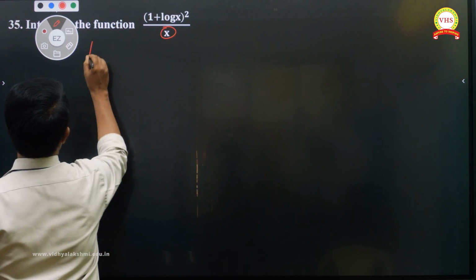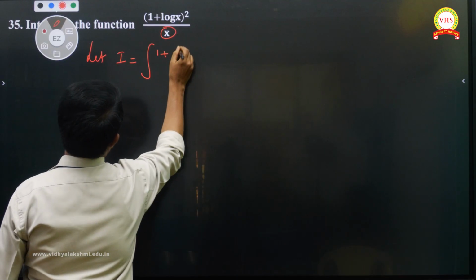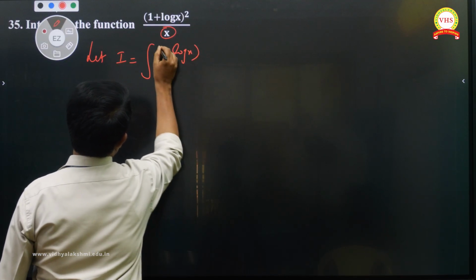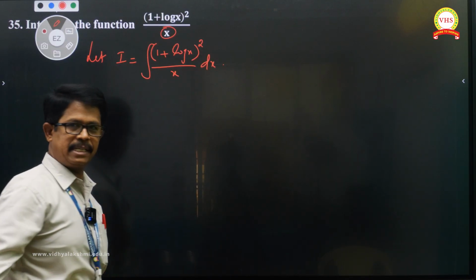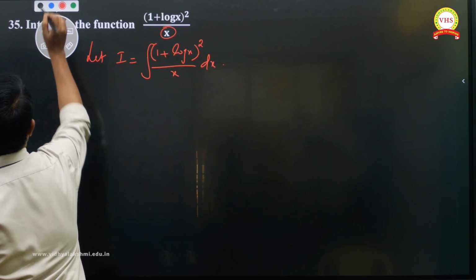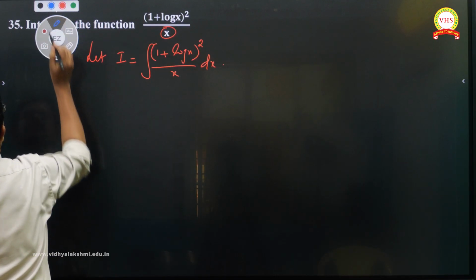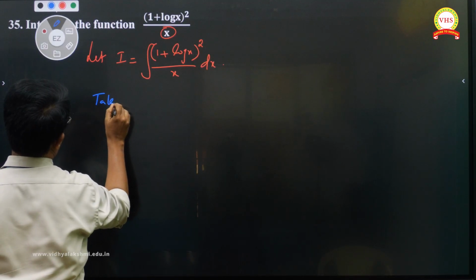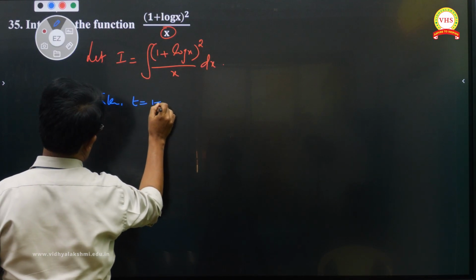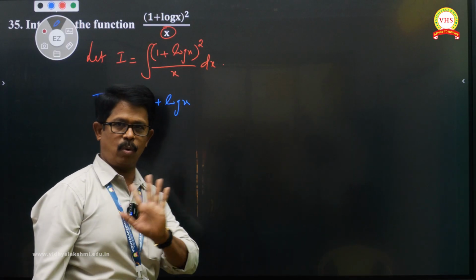Now the solution: let I equal to integral of 1 plus log x whole square divided by x into dx, correct? So it is easy to consider, taken as what? Take t equal to 1 plus log x. Don't take overall log x, take 1 plus log x whole square.